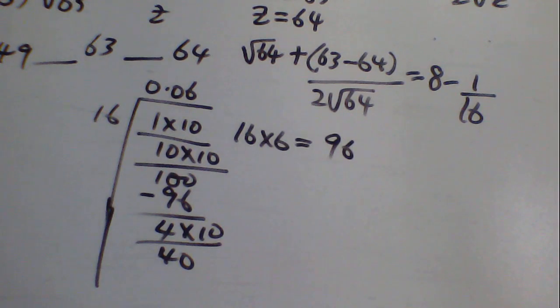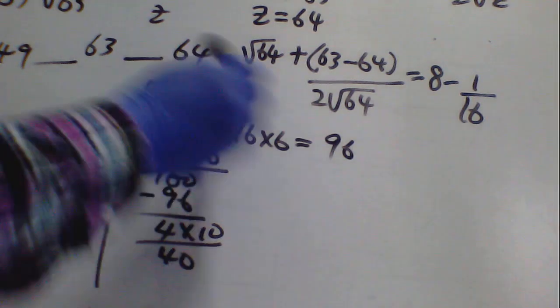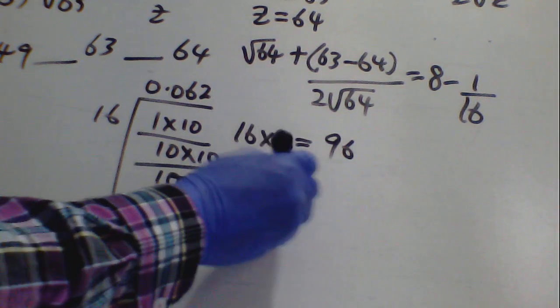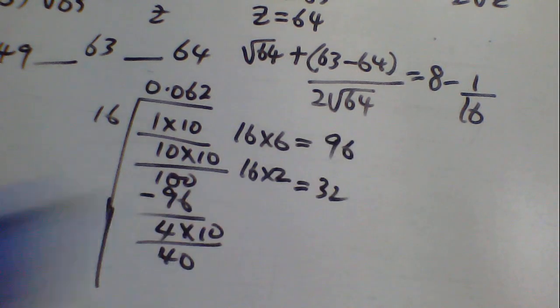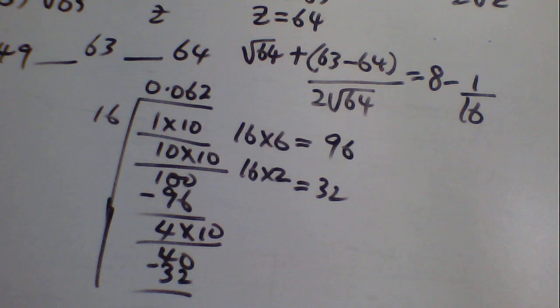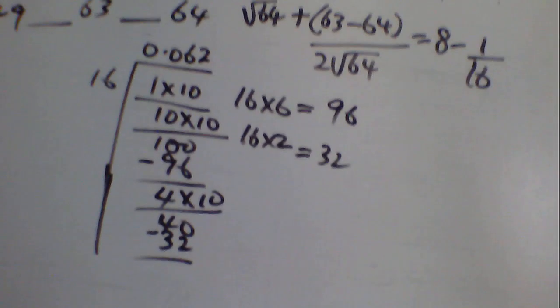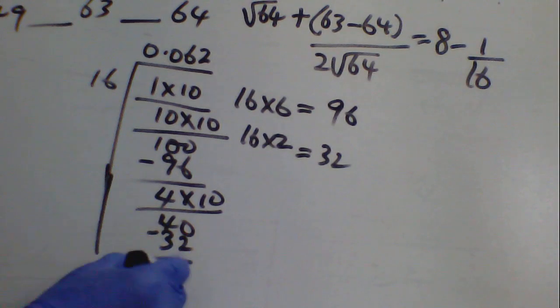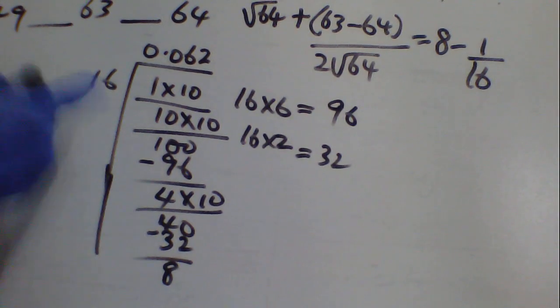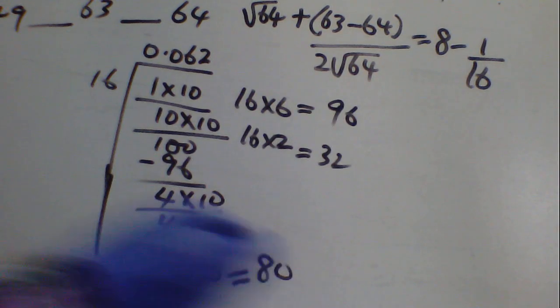So 40 divided by 16, how many 16 are in 40? There is likely 2, because 16 times 2 will give us 32. So 32, you subtract. 40 minus 32 will give us 8. 8 divided by 16, it cannot go, you multiply by 10, that gives us 80.